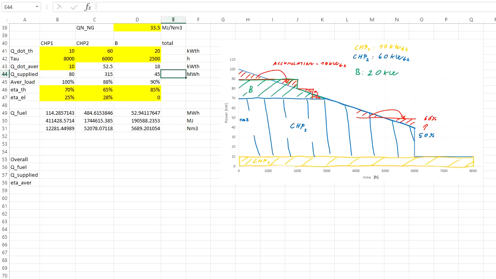So it makes sense here in the supplied heat to check that it's 440 megawatt hours, and here in the fuel consumption, in order to have the 440 megawatt hours you would need 650 megawatt hours of heat. Now when we have the heat input, we can also get the electrical production. So the electricity produced is the energy in the fuel multiplied by the electrical efficiency of the systems.